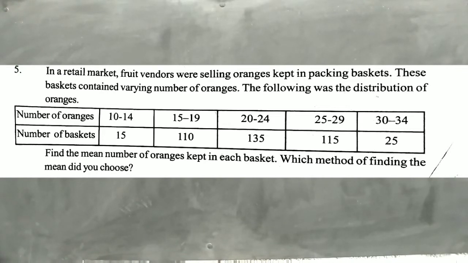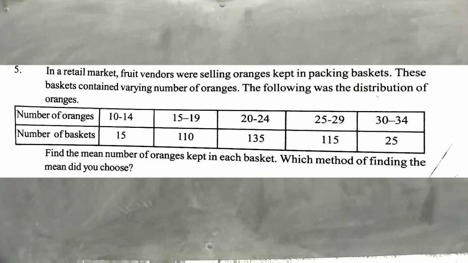The class intervals are 10 to 14, 15 baskets, 15 to 19 oranges, kept in 110 baskets, 20 to 24, 135 baskets, 25 to 29 oranges, 115 baskets, and 30 to 34, 25 baskets.